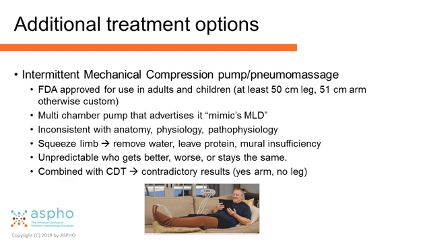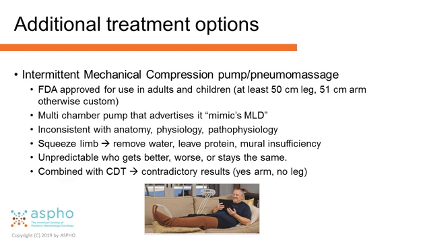Some other treatment options I just want to mention is that there are intermittent mechanical compression pumps out there. The FDA has approved them. They will advertise that they mimic MLD, the manual lymph drainage massage, but it's not consistent with the anatomy, physiology, and pathophysiology. It squeezes the limb.